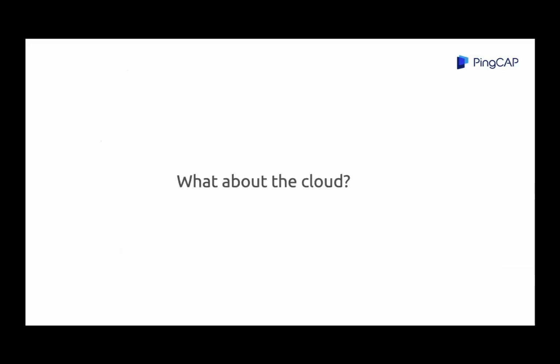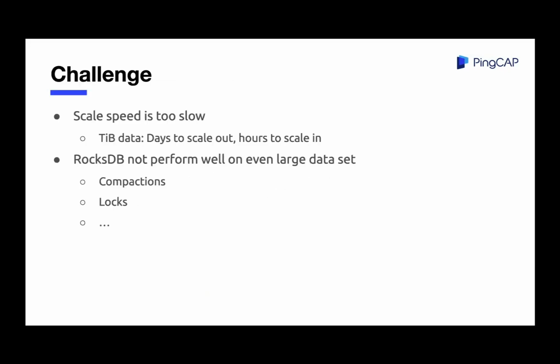If the data scales to 1 petabyte, there will be more machines required. For example, if this cluster has 1,000 machines, it's quite normal that some machine will just crash or break for any reason. In this case, the scaling speed is critical. If a machine is down, you need to quickly move all the data on the down machine to a new one.